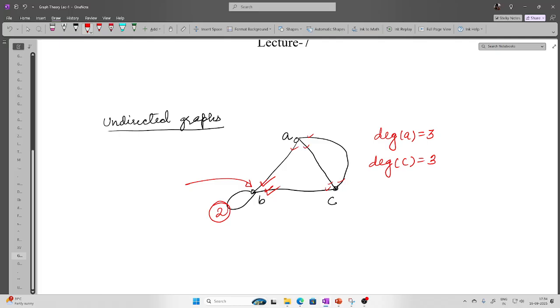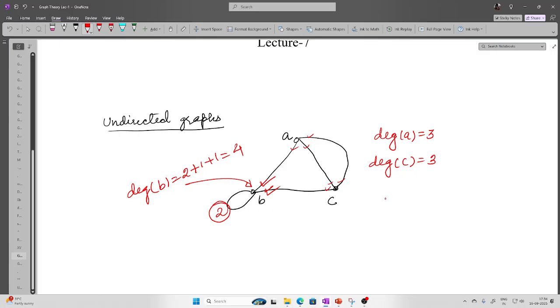So therefore the degree for the vertex B will be 2 plus 1 plus 1, that is 4. So remember, degree of a vertex having a loop will be the loop counted twice plus all the other edges.